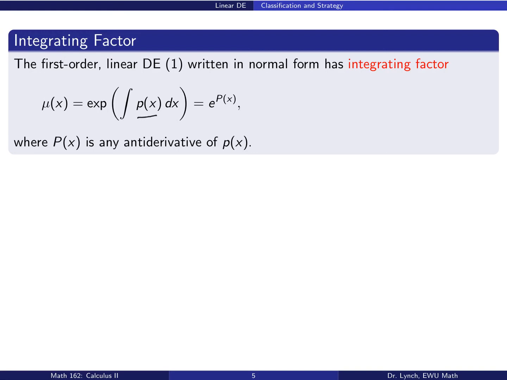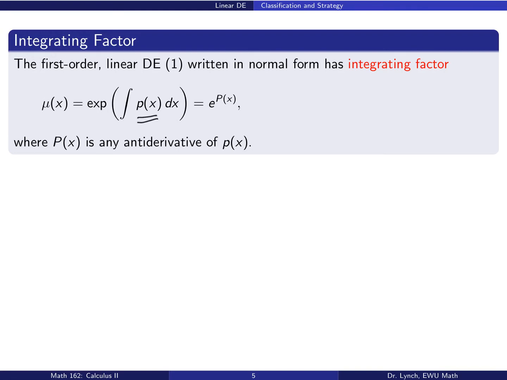So this p of x is the same p of x. That p of x is critical in identifying the integrating factor. Do an integral of p of x and express our integrating factor as e to any antiderivative of that little p of x. We're calling the antiderivative capital P of x.